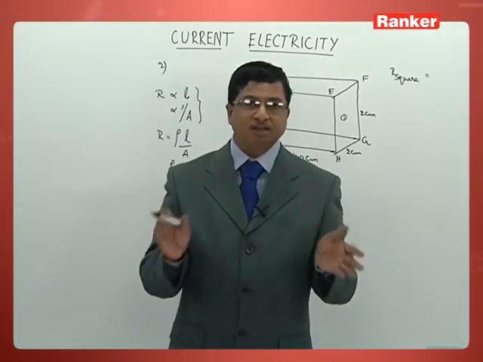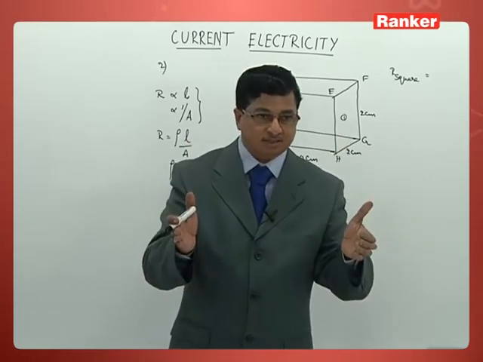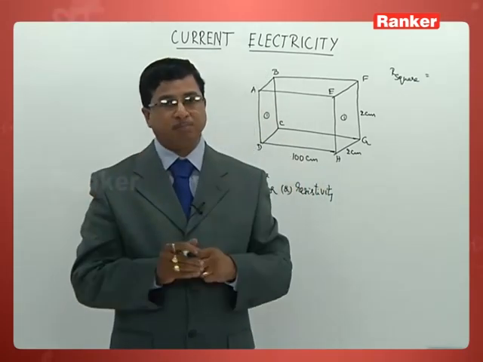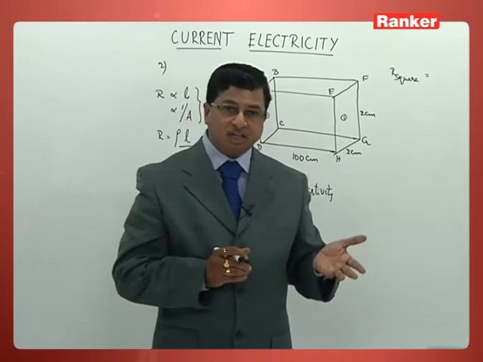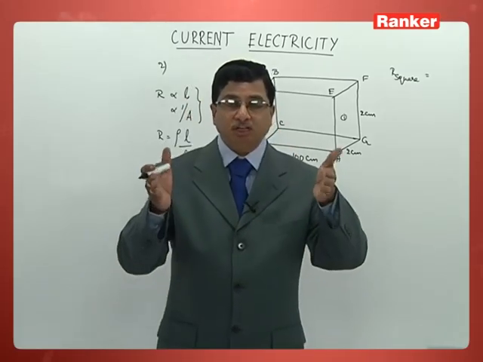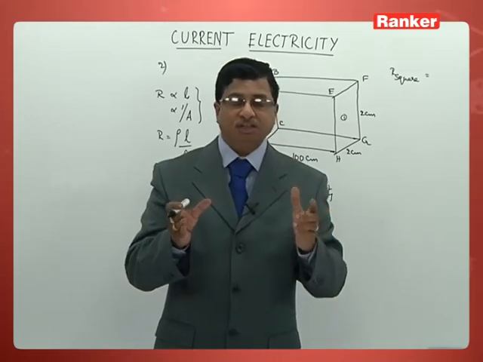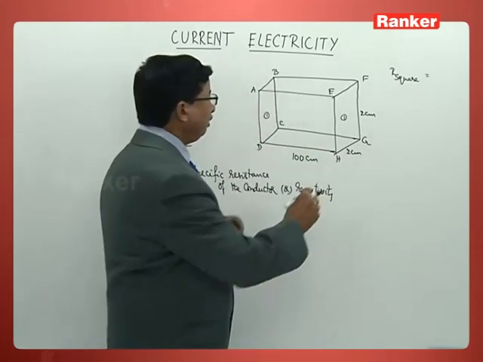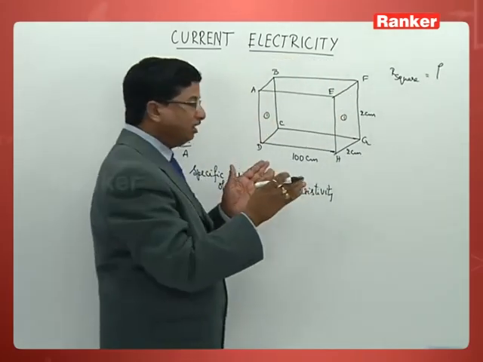Length is nothing other than the distance between those faces across which the resistance is to be calculated. I repeat once again, length is nothing other than the distance between those two faces across which the resistance is to be calculated.